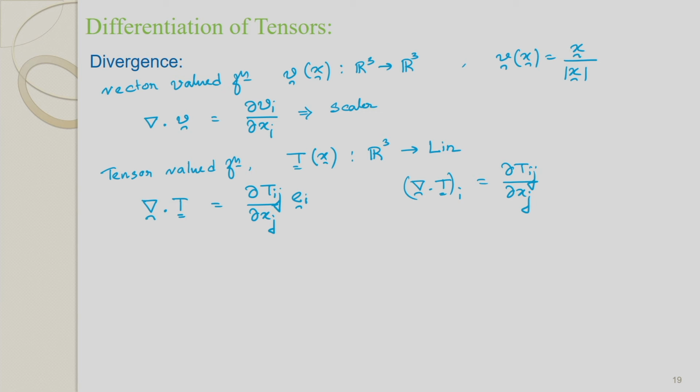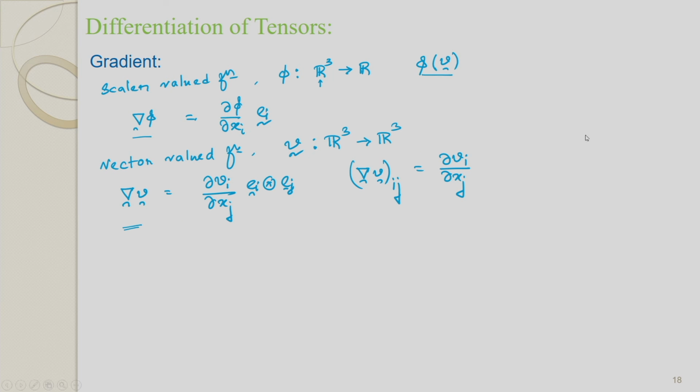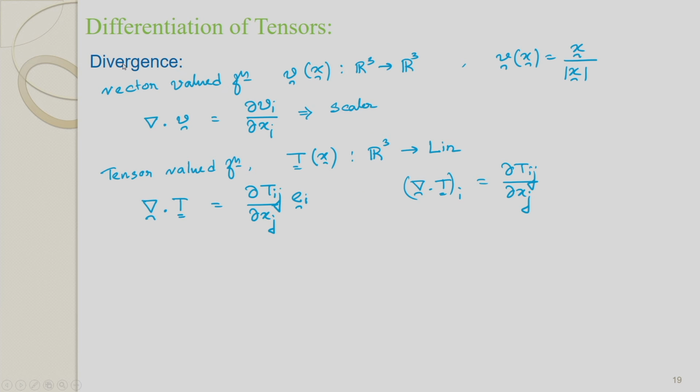So, if you notice, in the gradient operation, scalar becomes vector and vector becomes a second order tensor. So, the order increases by 1, whereas in the divergence operation vector becomes scalar and second order tensor becomes a vector. So, order is decreasing by 1.